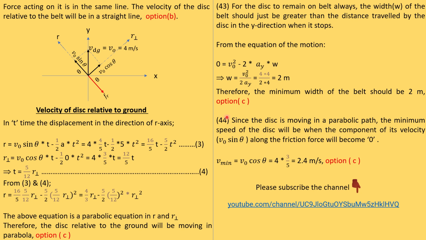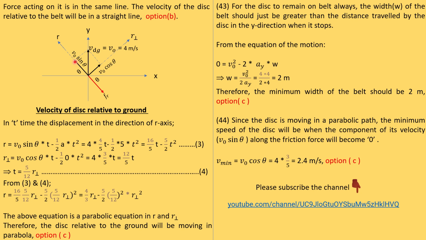In 44 it is being asked, what is the minimum velocity that the disk will achieve with respect to the ground throughout its motion. Only in the direction of V naught sine theta, meaning in the direction of the friction force, the motion of the disk is reducing gradually because the force is acting in the opposite direction.